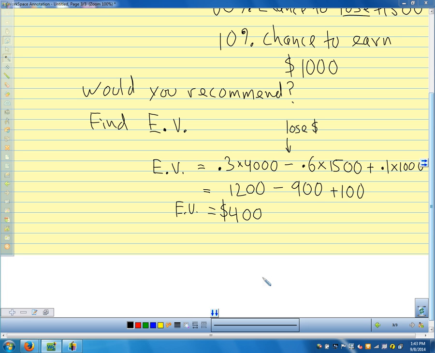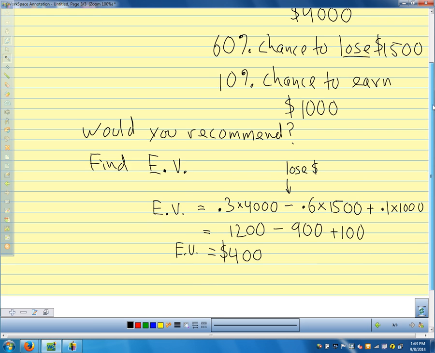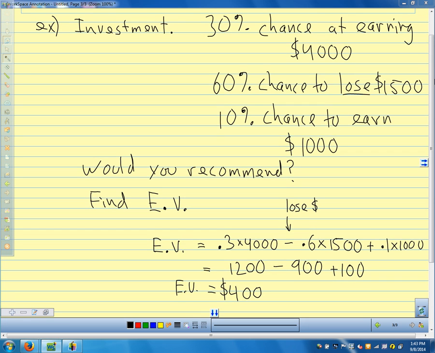Is that a good investment? It could be. I mean, you're not losing money. You're expecting to earn money. You're not earning a lot of money, though. It would depend on how much you put in. So if you were investing $10,000, you kind of hope to earn more than $400.